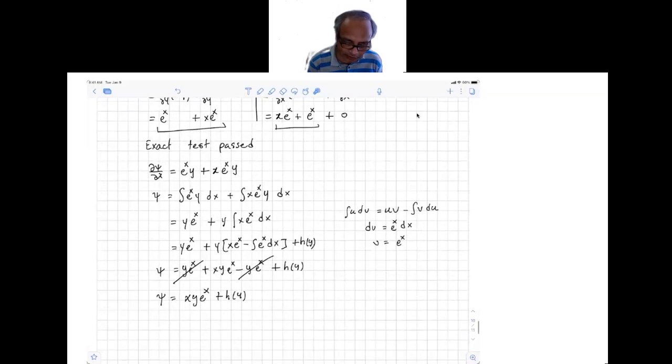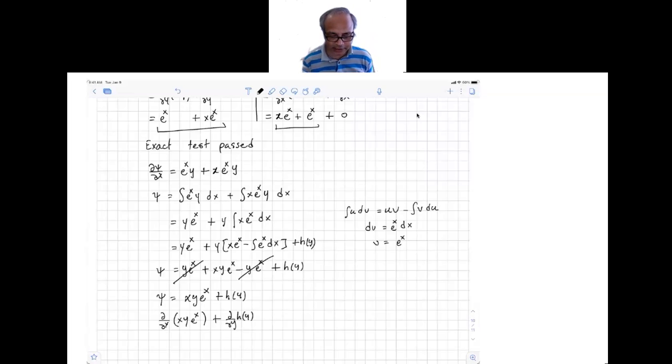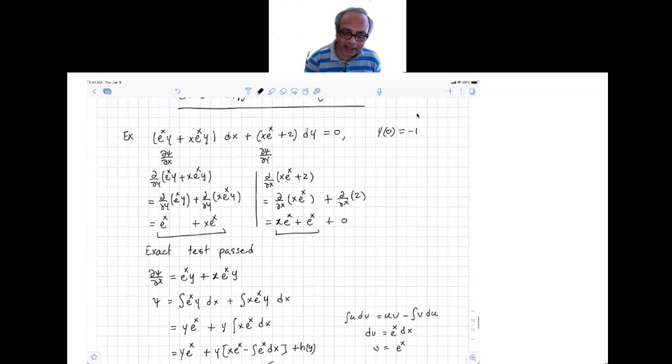Okay, so you differentiate. Here you can differentiate psi with respect to y, x y e to the x plus d dy, term by term. Each term you differentiate with respect to y. And from here, you assign the derivative of psi with respect to y to x e to the x plus 2.